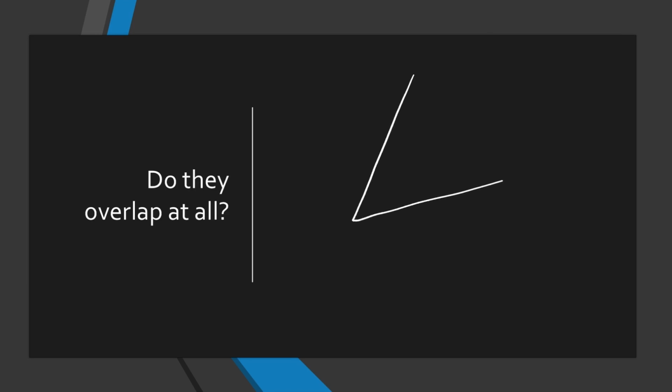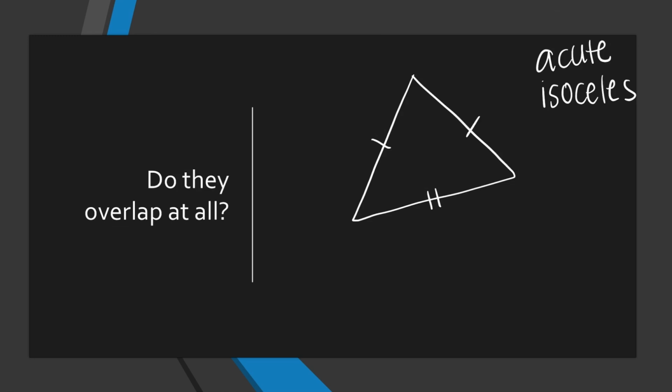So if I was to make this triangle here, and I said these two sides are equal, or congruent, but that side isn't, this would be an isosceles triangle. And it would be an acute isosceles triangle because all the angles are less than 90 degrees.